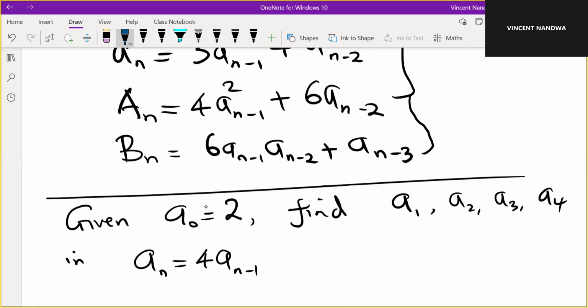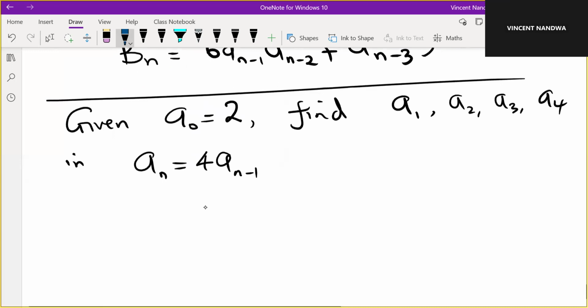So remember, a recurrence relation means that the terms are given in such a way that the next term depends on the previous term or previous terms. So for example, here we are being told that the value of a_0 is 2, to find a_1, a_2, a_3, and a_4.